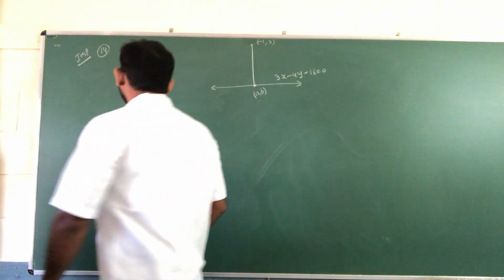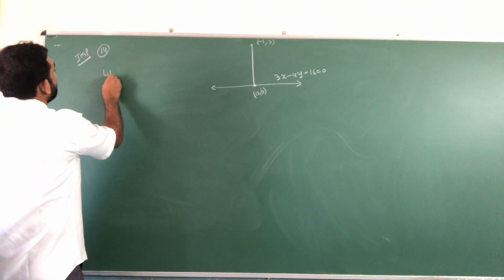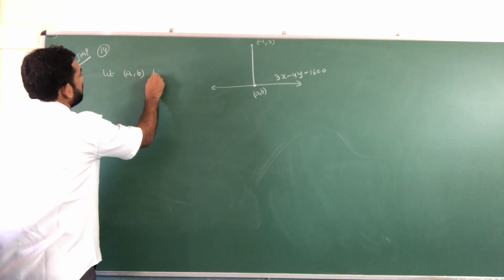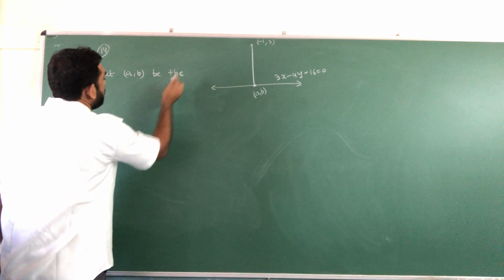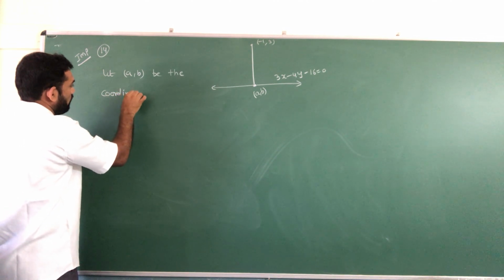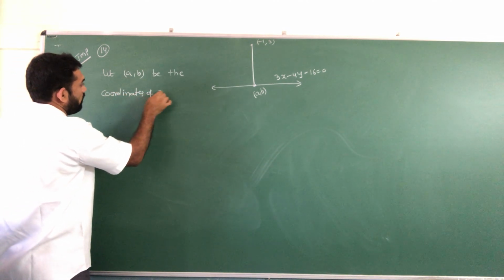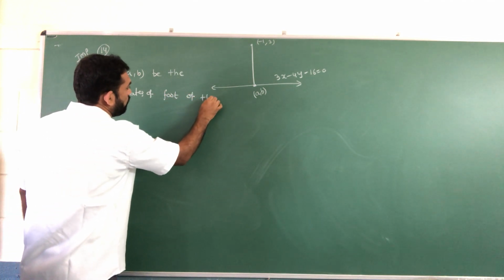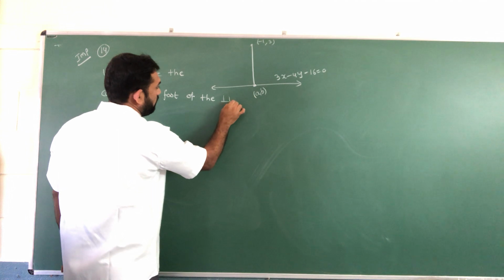Let (a, b) be the coordinates of the foot of the perpendicular.